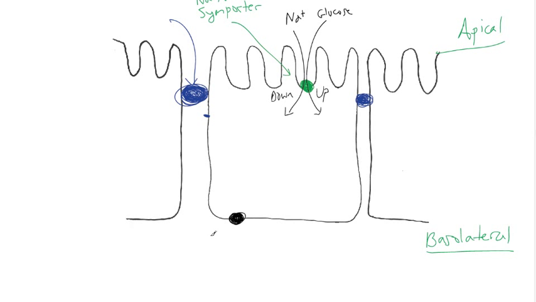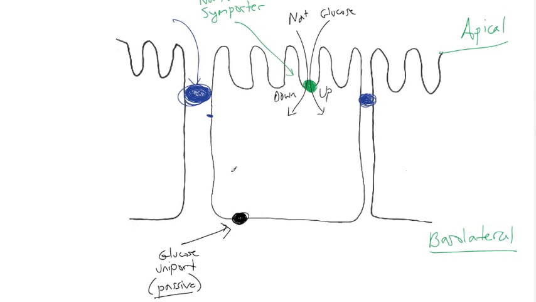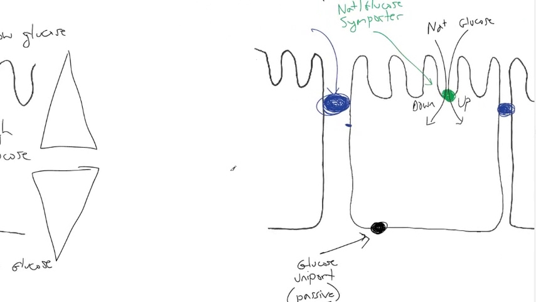But remember, this is the glucose transporter. I call it uniporter because it tells you that it does only one form of transport. And remember, this transports glucose in one direction. It's passive, meaning the direction is dependent upon the concentration gradient of glucose. Okay, so let's go back and remember, where is glucose high in the cell?